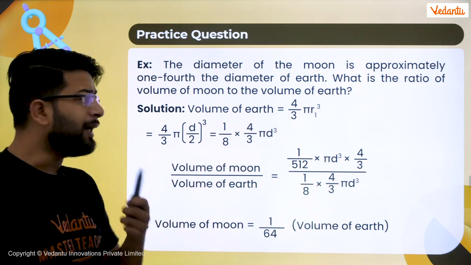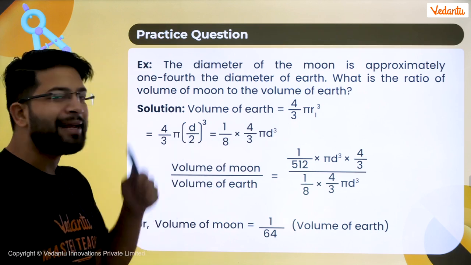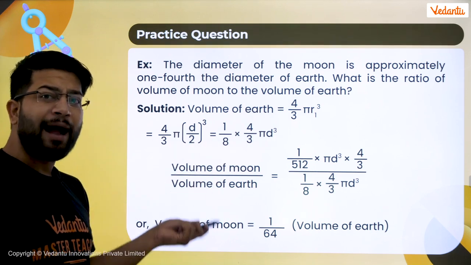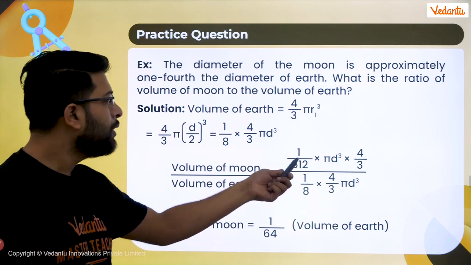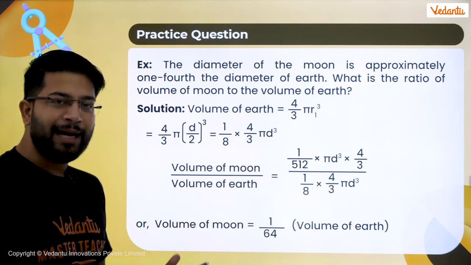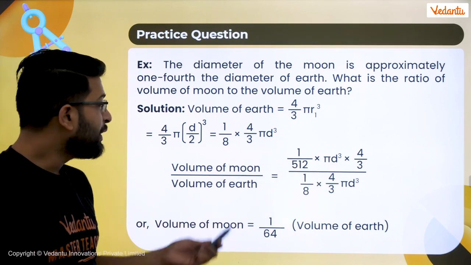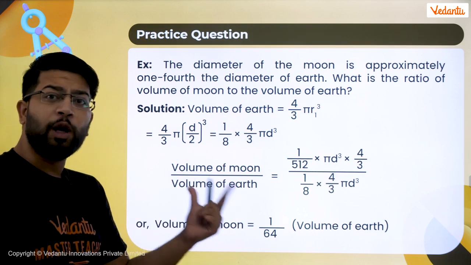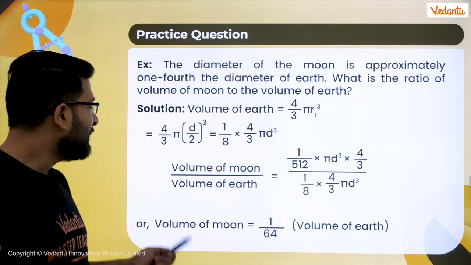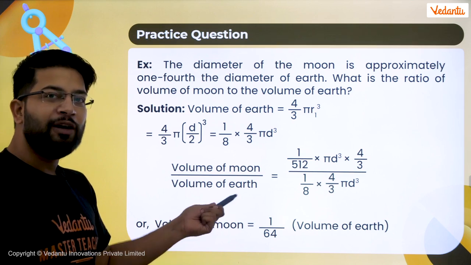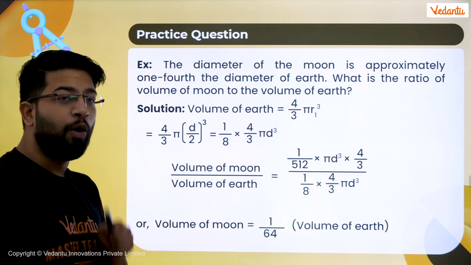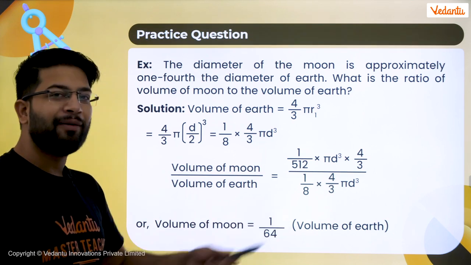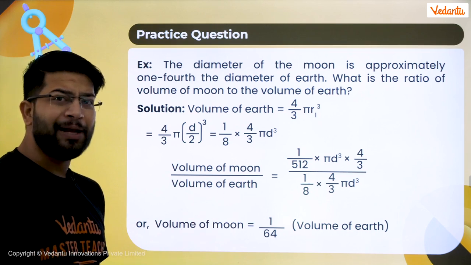Simple, divide both the volumes, take the ratio. The d and d are same, pi are same. You will get the ratio of the volume of moon and volume of Earth. And we can see the volume of moon will be 1/64th of the volume of the Earth. I hope it is clear.